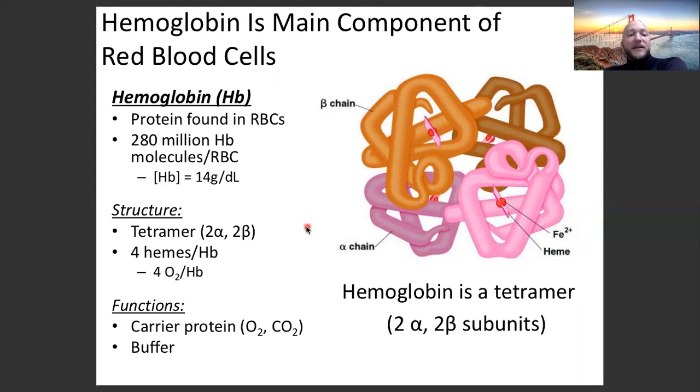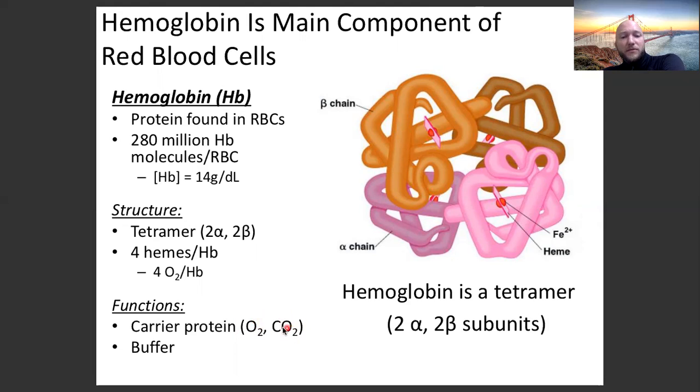Hemoglobin is a carrier protein. Oxygen doesn't dissolve very well in aqueous solution. We need to be able to carry more oxygen than we would if it was just aqueous blood, so we have hemoglobin to add more oxygen carrying capacity. But oxygen is not the only thing that can bind onto hemoglobin.